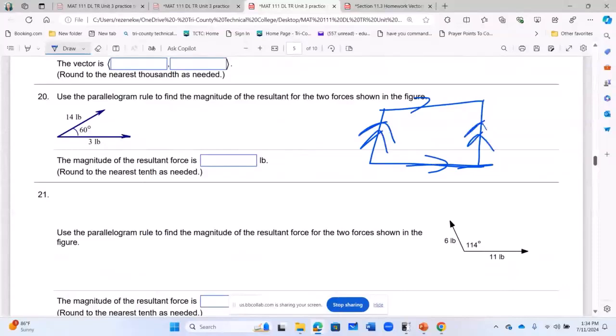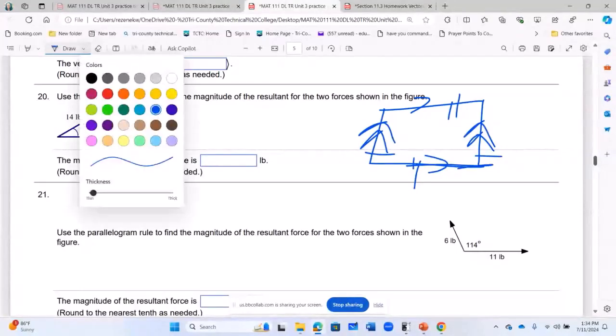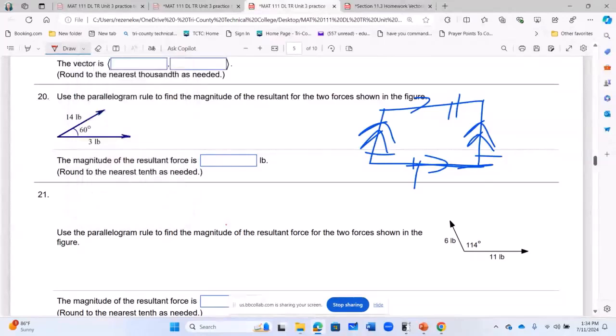So opposite sides are equal and parallel. The diagonals do not bisect the angle. I hope you remember that from geometry: the diagonals of a parallelogram do not bisect the angle. So if this angle is 100, you do not expect this one to be 50 and this to be 50, no.